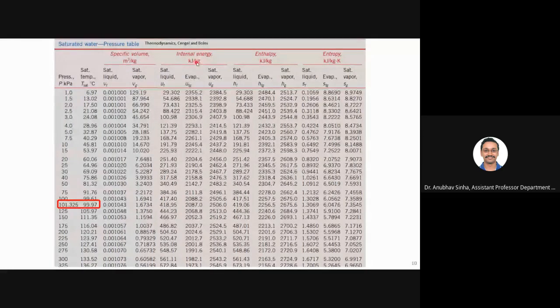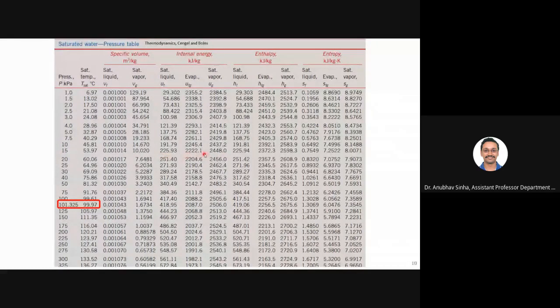Then we have internal energy. uf is for liquid, ug is for vapor, and ufg is the difference between them. ufg is equal to ug minus uf. If you check any row, you can take the ug, subtract uf from it, and you will get ufg.